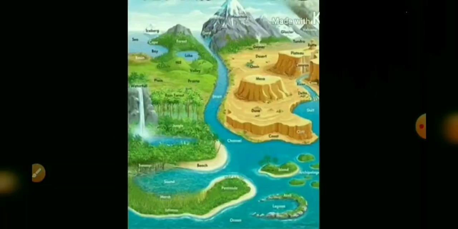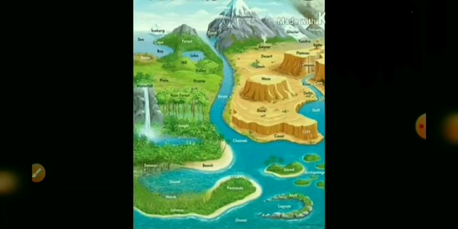Taking into account differences in their height, shape, etc., various landforms can be shown on a map. There are different methods of showing these landforms on a map. Let us look at these methods. The length and width of a landform can be easily shown on a piece of paper.